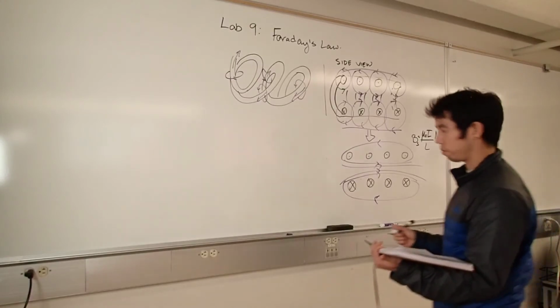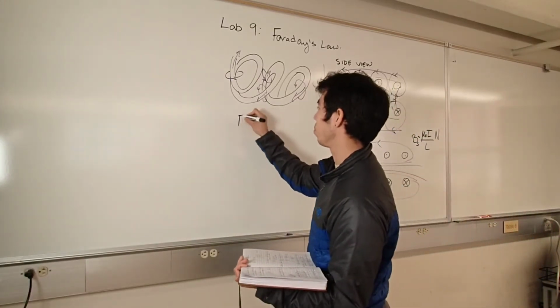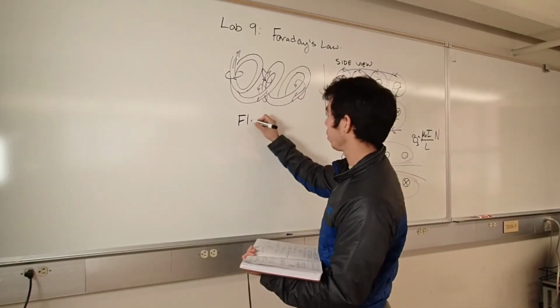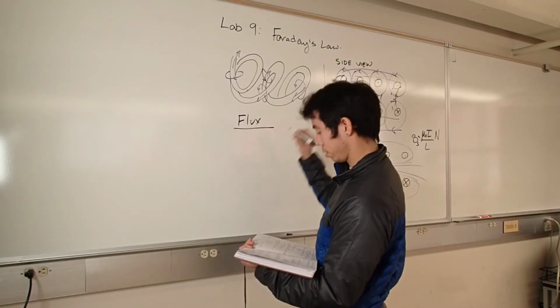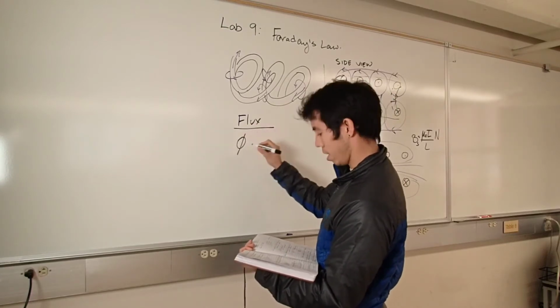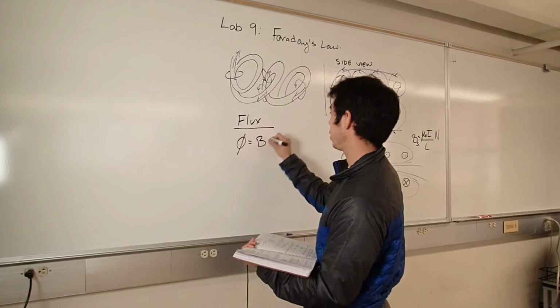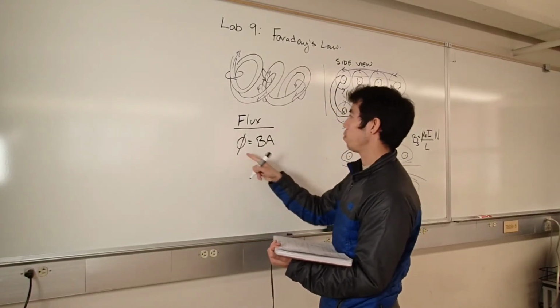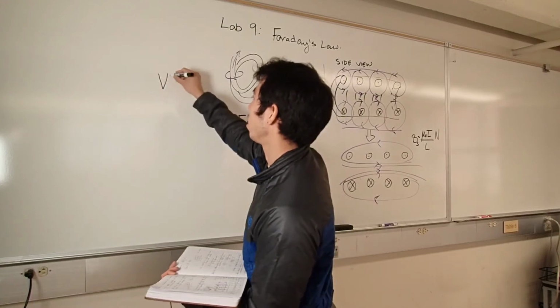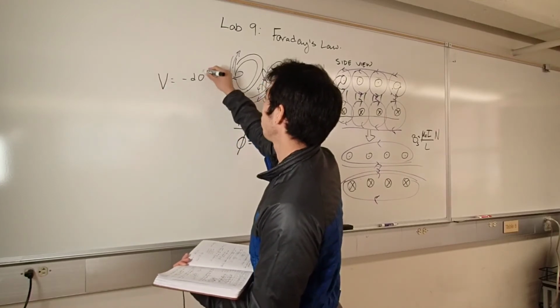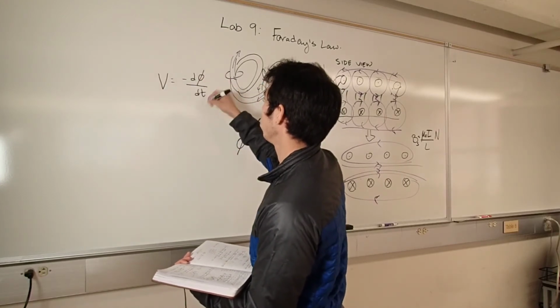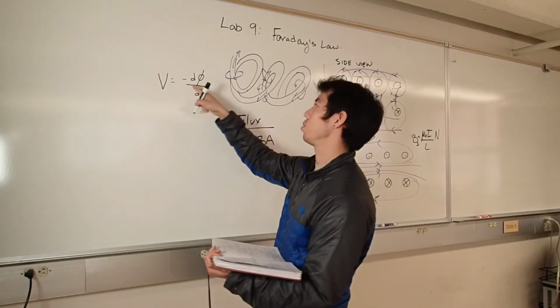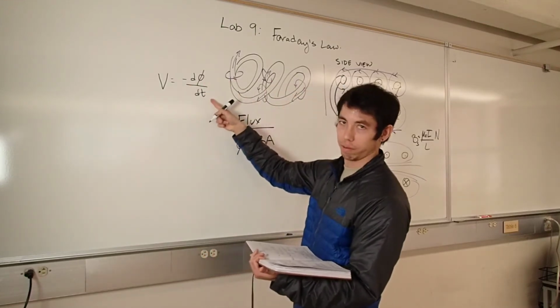Now let's talk about flux, another important concept for this lab. Flux is given by Φ equals B times A, where B is the magnetic field and A is the area. Remember, flux was in Faraday's law, so V equals negative dΦ/dt. The induced voltage is equal to the negative time change of the flux.